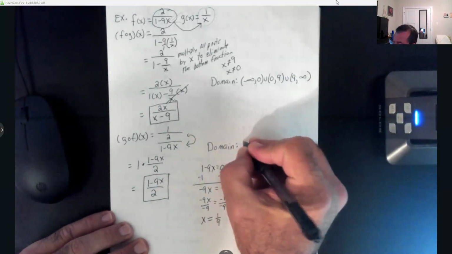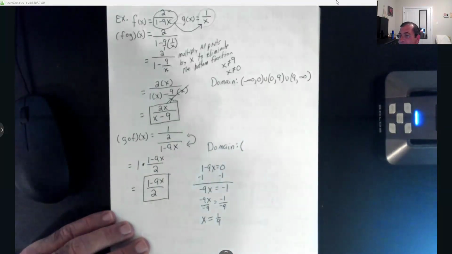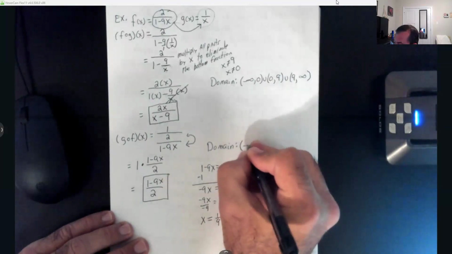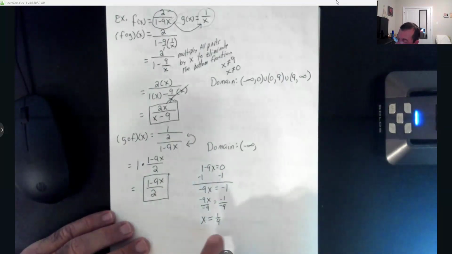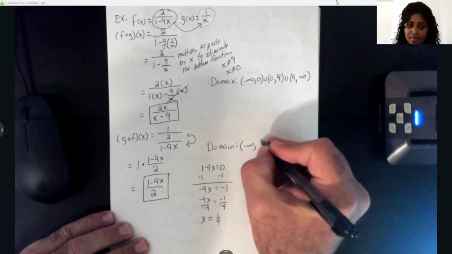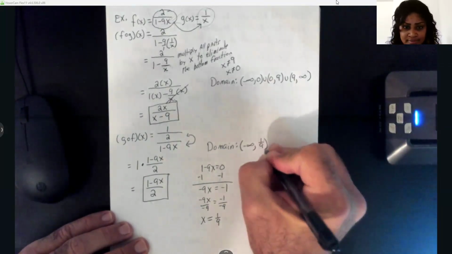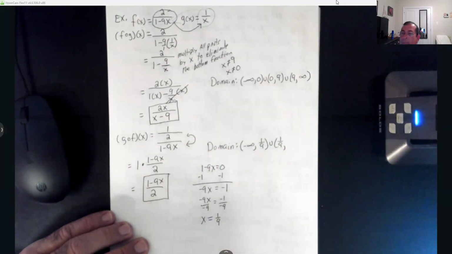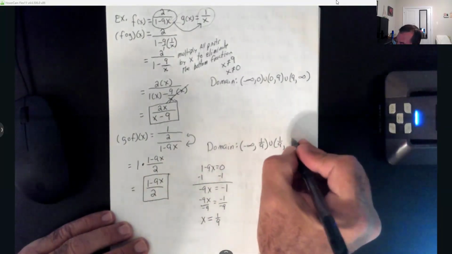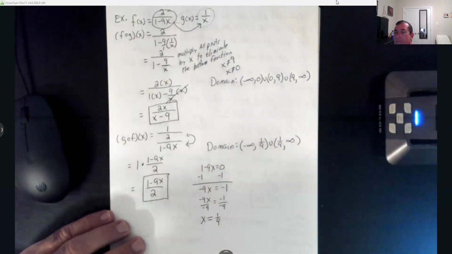So this domain is going to start at negative infinity. You're cruising until you hit 1/9. You're going to union around that 1/9 to kick it out. And then y'all are headed off towards positive infinity.